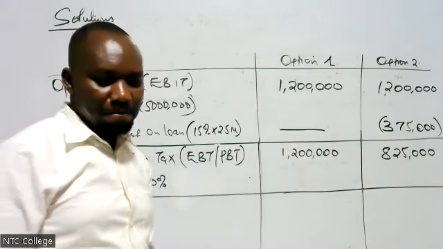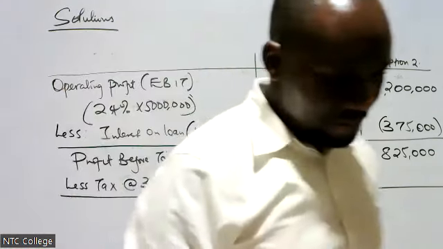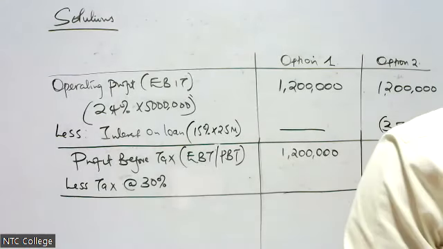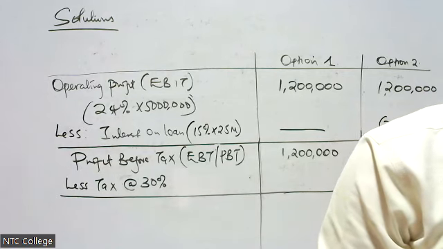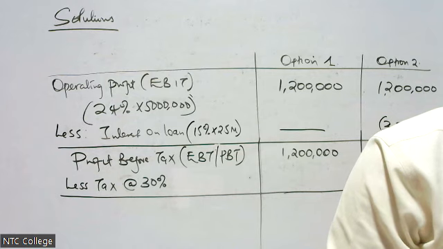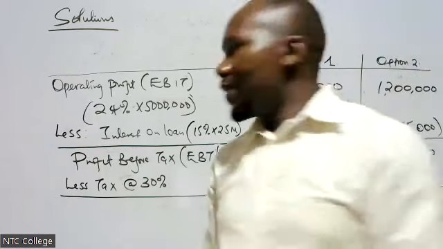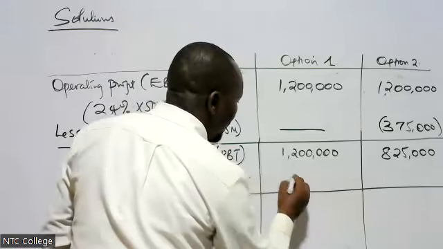The first one, then 60,000. So we less 360,000 from here.